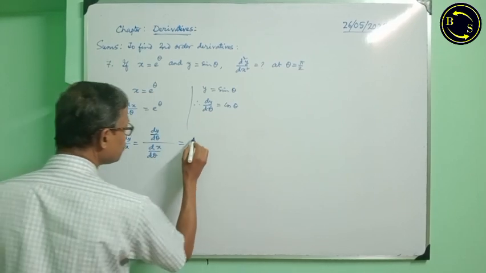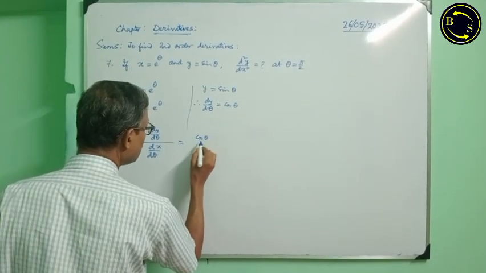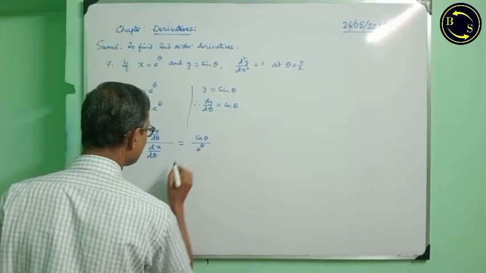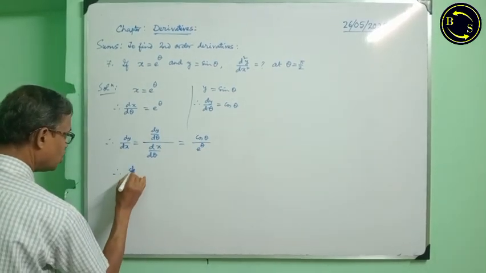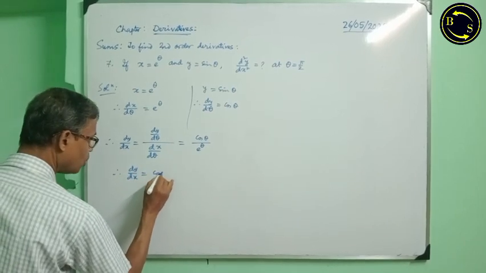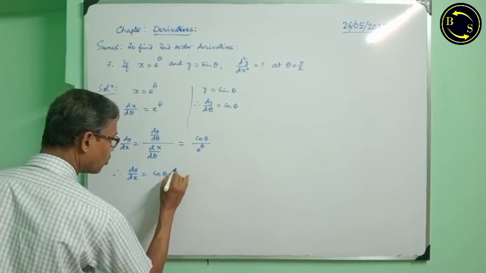Put the values: cos theta by e to the power theta. Therefore, dy/dx equals cos theta into e to the power minus theta.